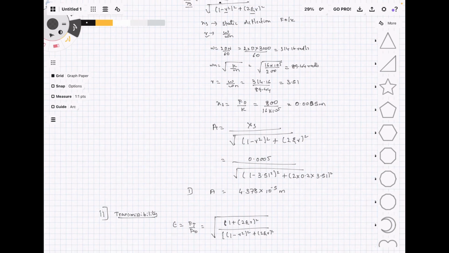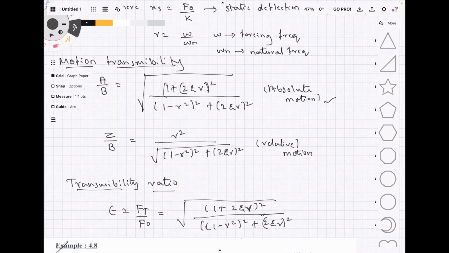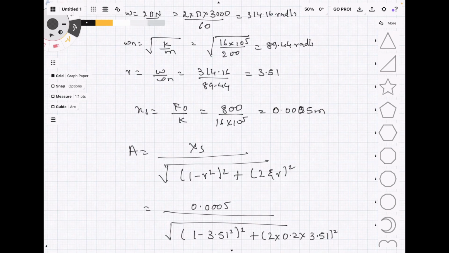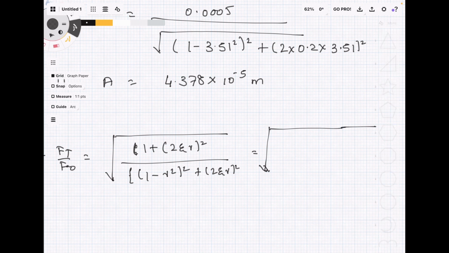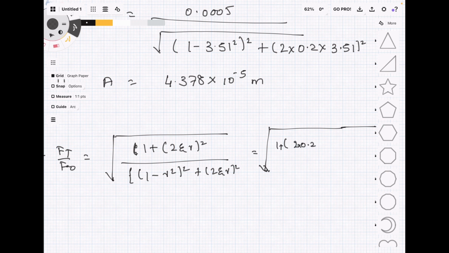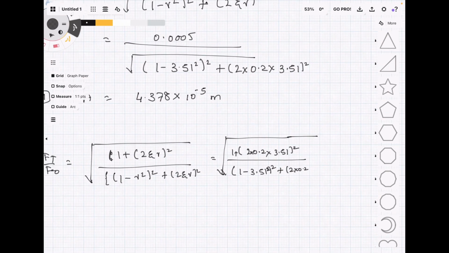Okay, so here I had just written something, this is the correct proper one, this will not come. When you solve this, everything is given here, you just have to put the values in. This is a square root, so this is 1 plus 2 into 0.2 into 3.51 the whole square divided by 1 minus 3.51 square the whole square plus 2 into 0.2 into 3.51 the whole square.